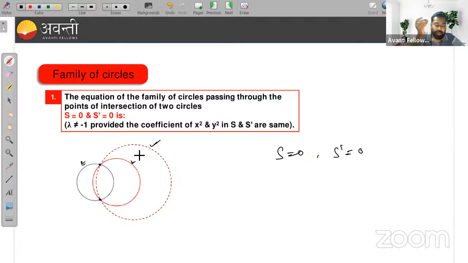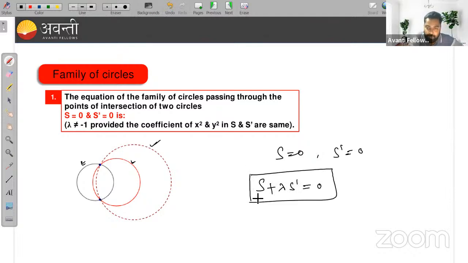So how can you find the equation of this family of circles? That is S plus lambda into S dash is equal to 0. This equation represents the family of circles. Just put S and S dash, then find the value of lambda and put it in this equation.